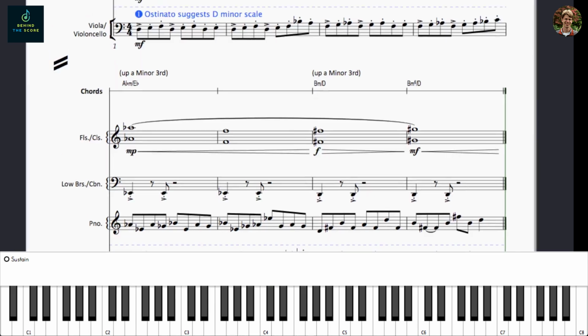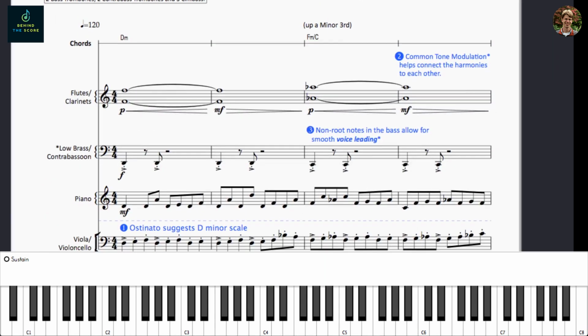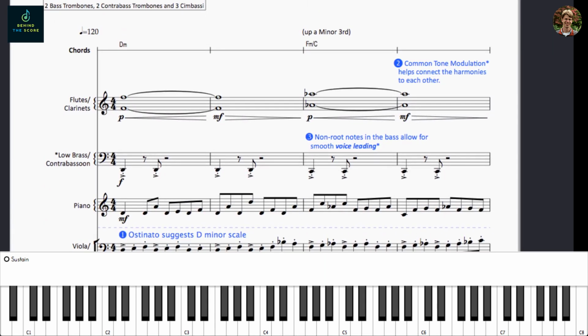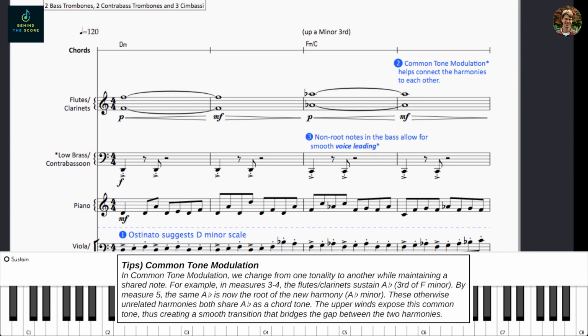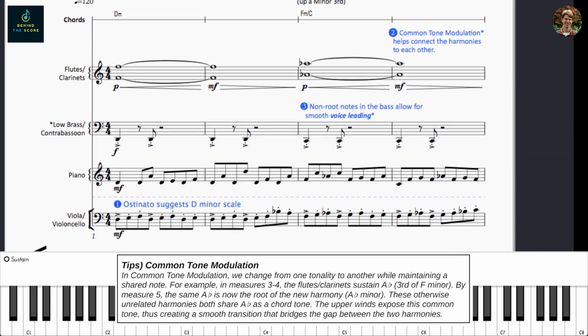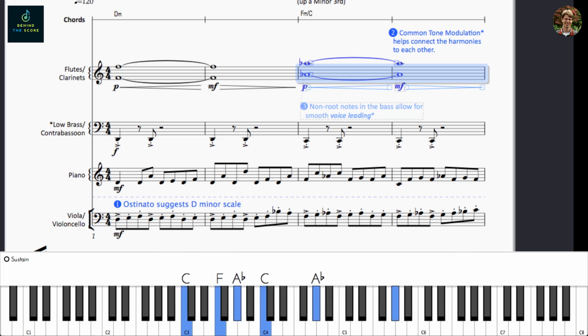So again, our harmony and our bass are moving in opposite directions. One final note about this is common tone modulation. So over here in measures 3 and 4, the flutes and clarinets are sustaining A flat, which is part of the F minor harmony.